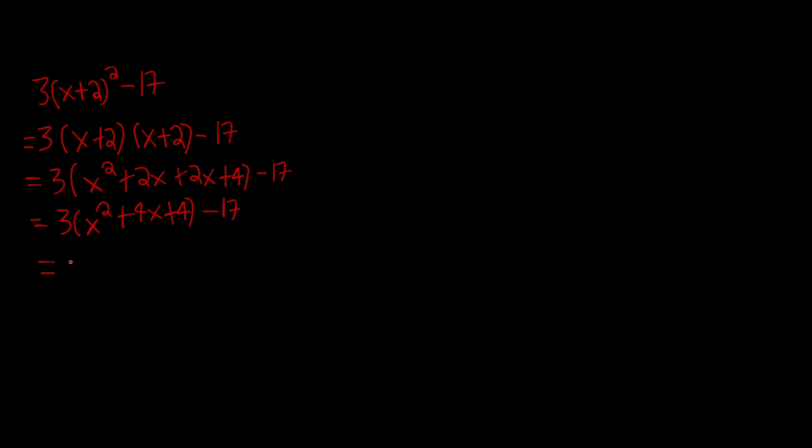Or if I proceed to distribute the 3 to the inside, 3x squared plus 12x plus 12 minus 17. Now, collecting those final like terms, the 12 and the negative 17, we get 3x squared plus 12x minus 5 as our answer.